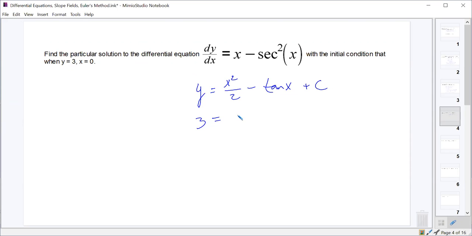And when y is 3, x is 0. So we get a constant of 3. And we have y equals x squared over 2 minus tangent x plus 3. And how do we determine the interval of validity for this? Who remembers how to do that?